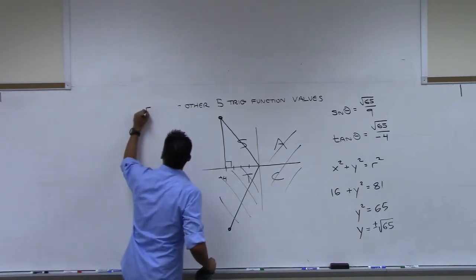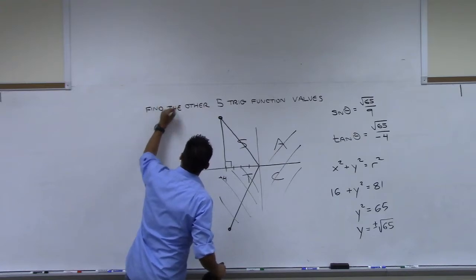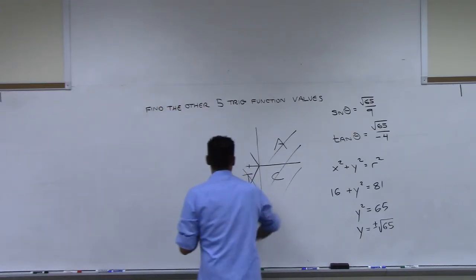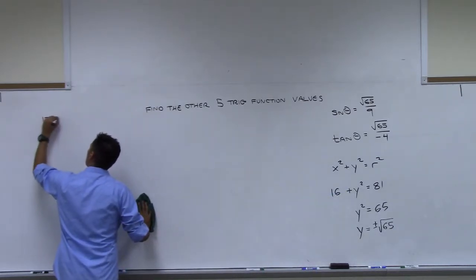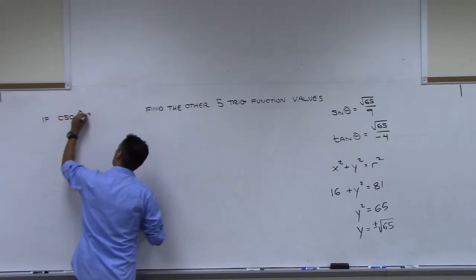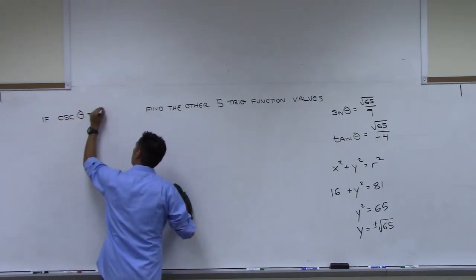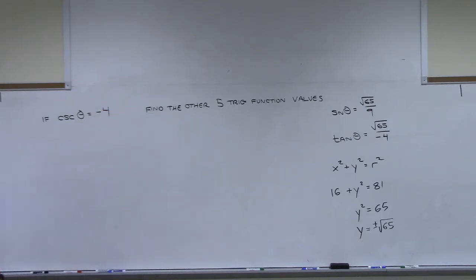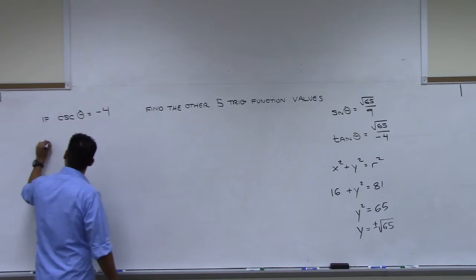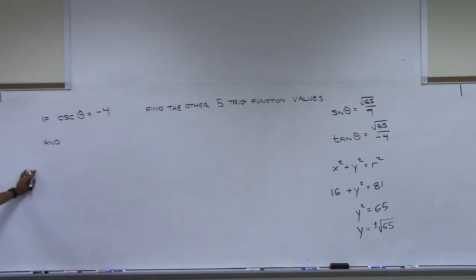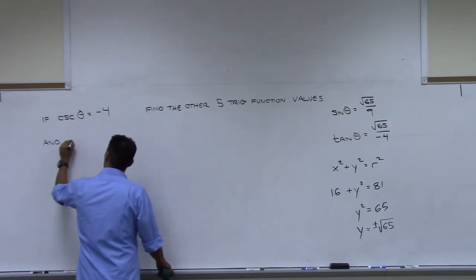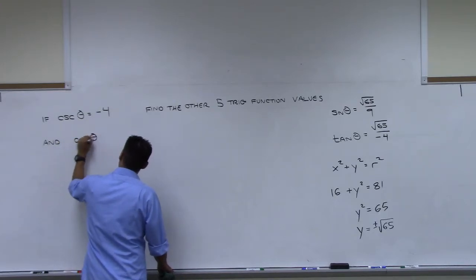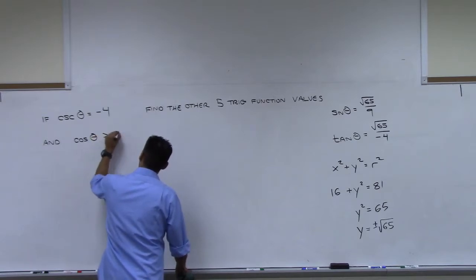All right, I want to leave those instructions: find the other 5 trig function values. So let's try something different. Let's try if cosecant theta is negative 4, and let's say cosine of theta is greater than 0.